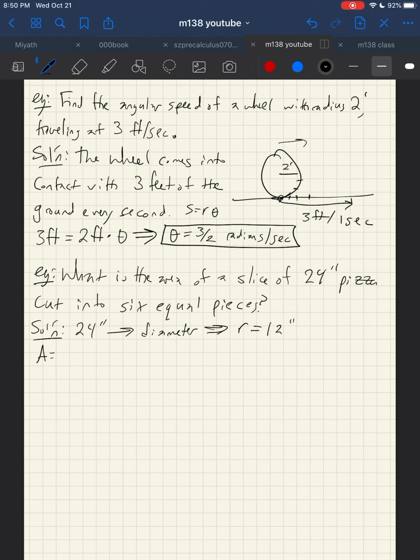We're going to use the formula A equals 1/2 theta r squared. Now, what is my theta going to be? I'm trying to find the area. I know the radius, so I need to find theta in order to plug into that equation.